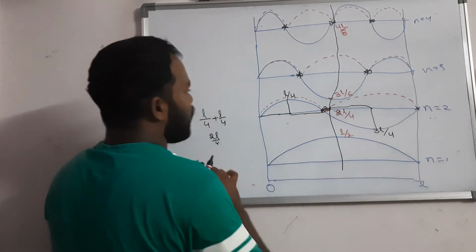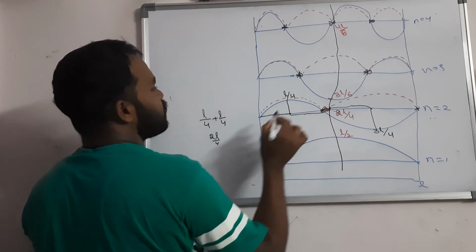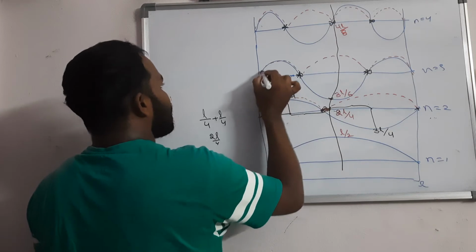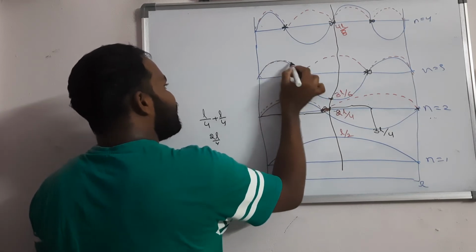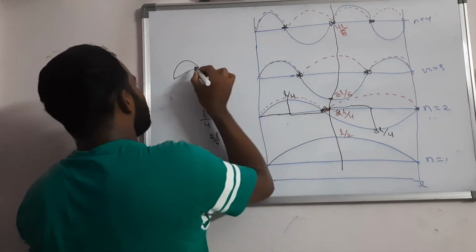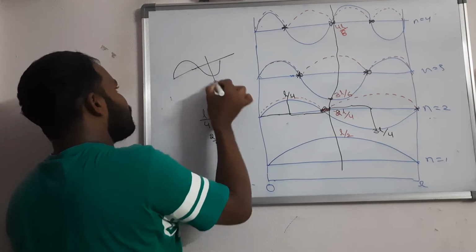So just observe, you are doing two parts, 2L by 4. So it is the 3L by 6, right? 3L by 6 means if it is complete, it is one complete wave. So it is half of the wave. You got only half, right?